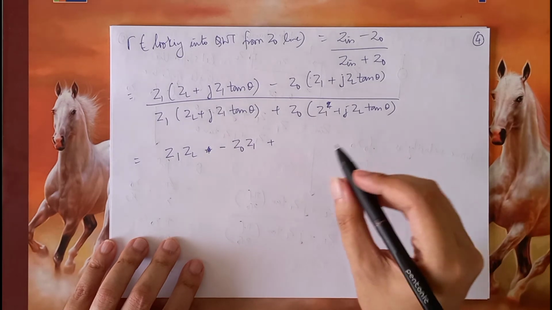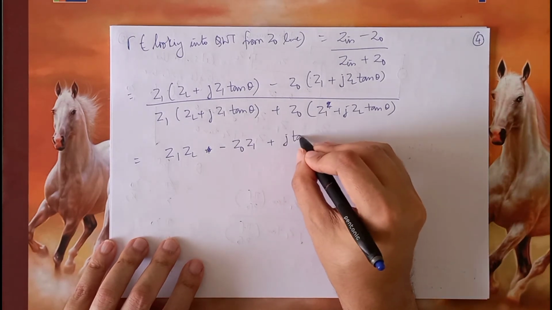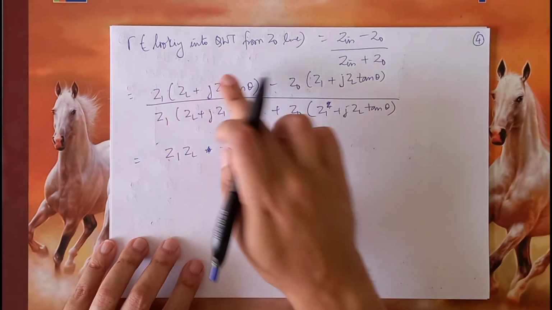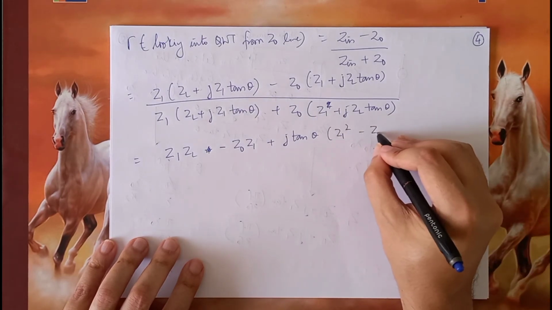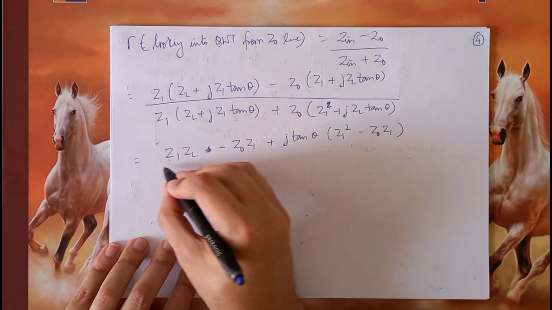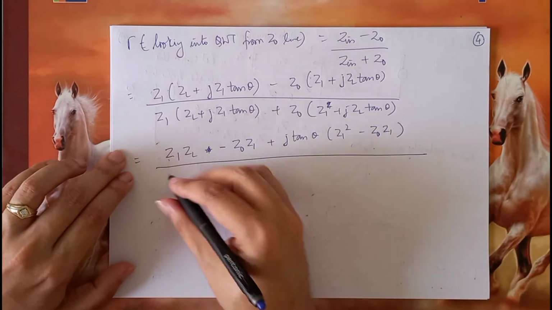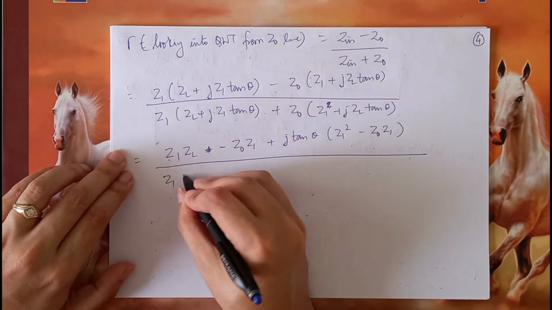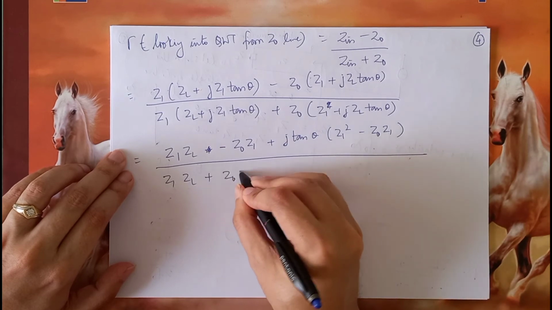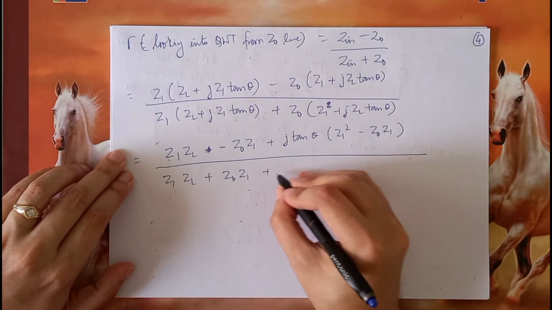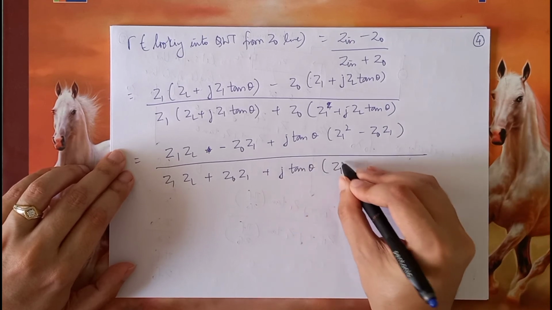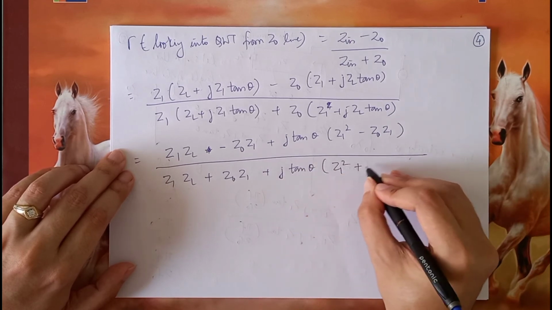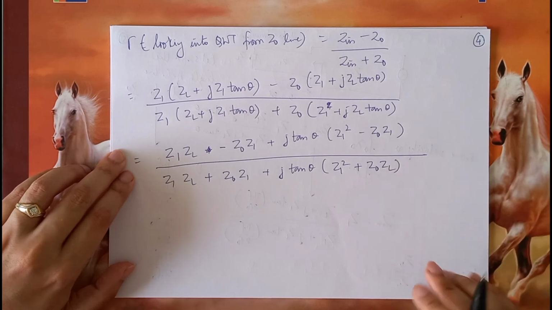Now if we take the imaginary terms, we will get j tan theta, and Z1 times Z1 will become Z1 squared, minus Z0 ZL, divided by Z1 ZL plus Z0 Z1 plus j tan theta times (Z1 squared plus Z0 ZL).